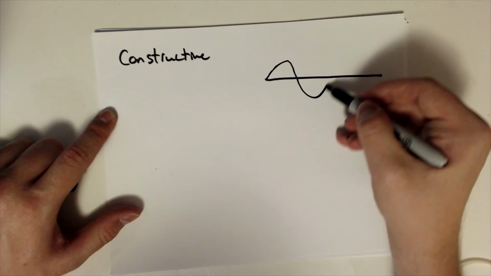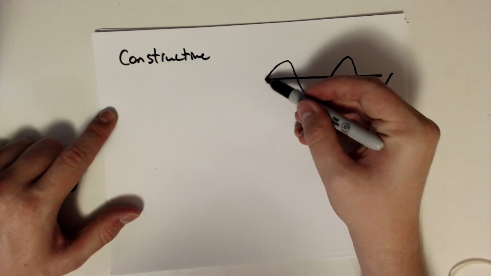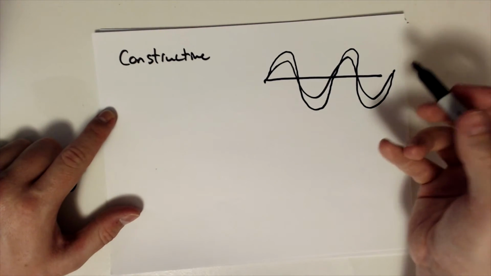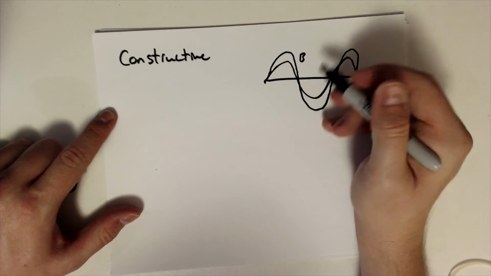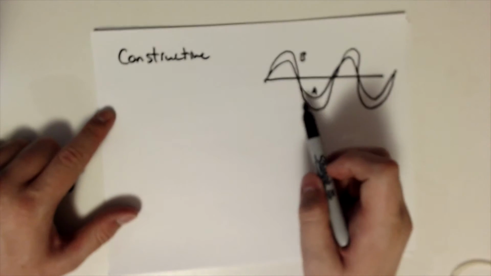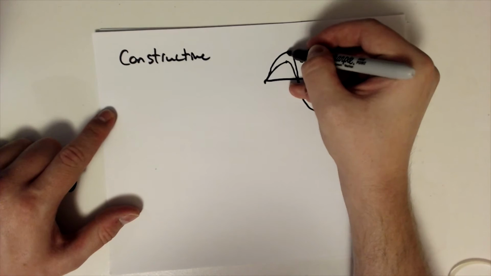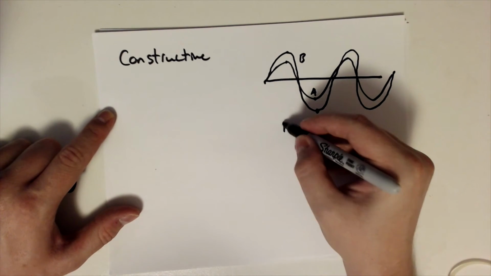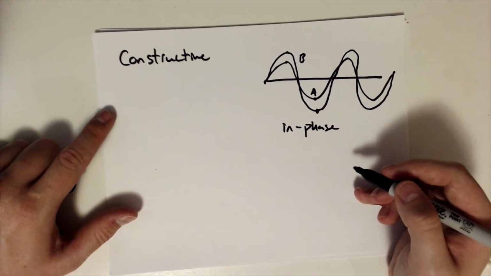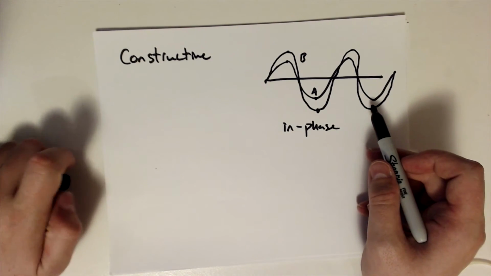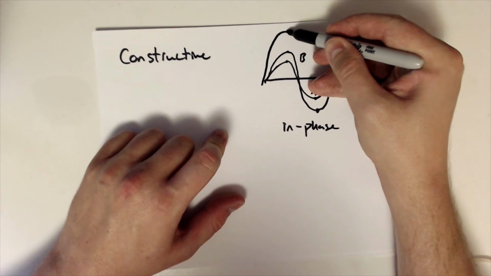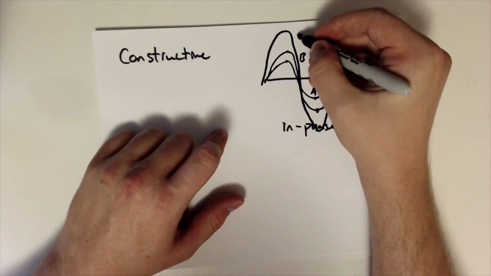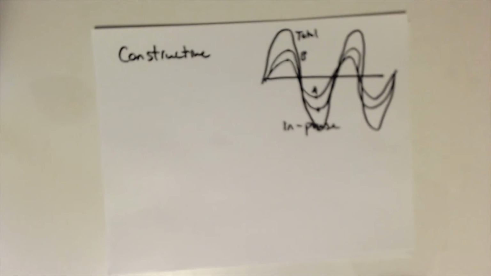We have a sine wave that looks like this, and then another, this is B, and this one down here is A. By saying that they're in phase, we're saying the peaks and the valleys, the maximum and the minimum, line up for A and B. When these two interact, they sum, giving a resultant wave that is the total of those two in phase.